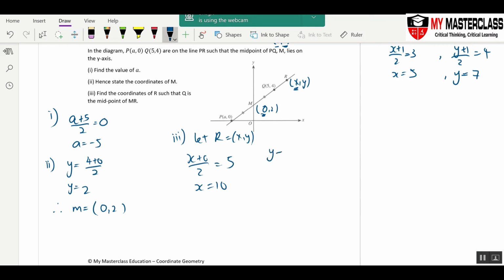Same thing, (y plus 2) over 2 is equal to 4. So y is equal to 8 minus 2, which is 6. Therefore, R is equal to (10, 6). So there are two ways of using the midpoint: one is finding the midpoint, and one is, given the midpoint, finding the other point.